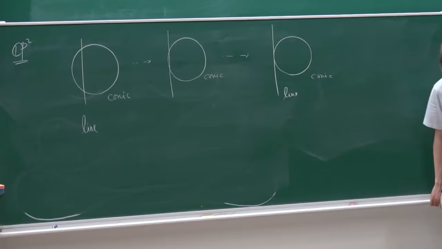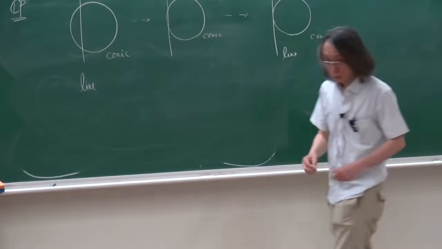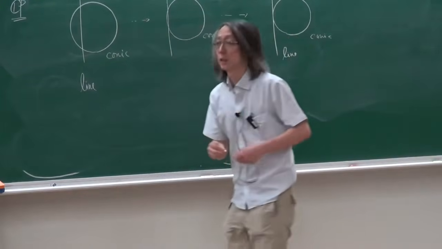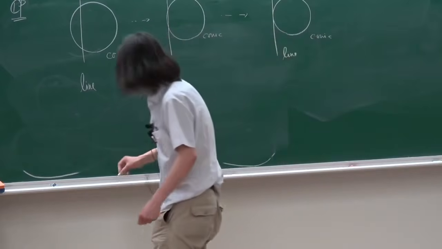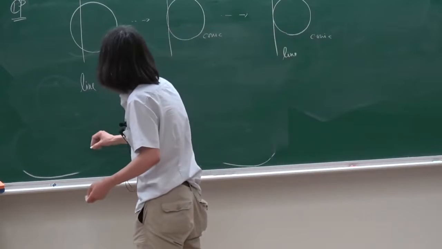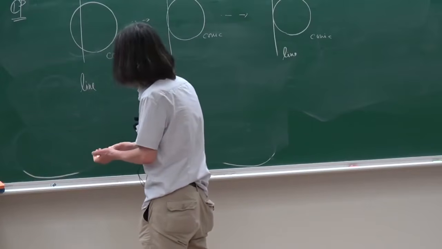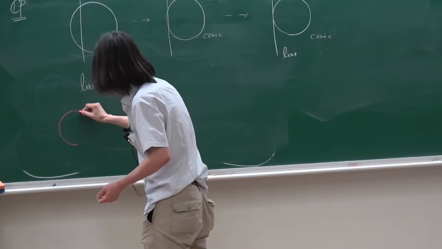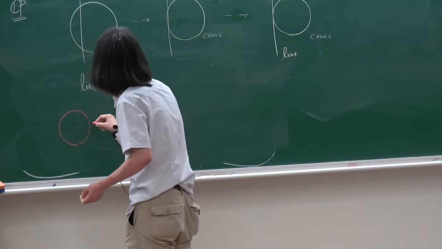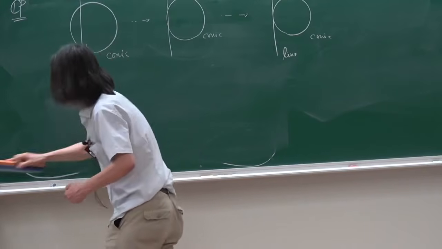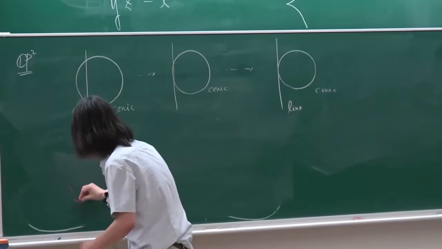So the conic is a rational curve, and the line is a rational curve. So therefore, I may write the following.